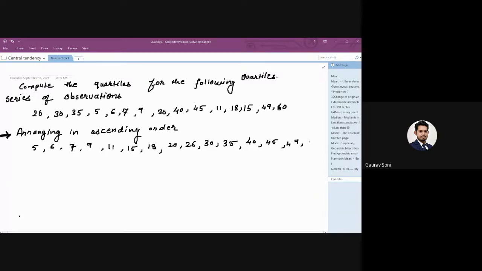The last one 60. How many observations are there? If we count 1, 2, 3, 4, 5, 6, so there are 15 observations.